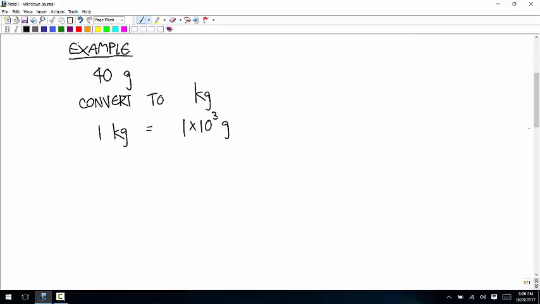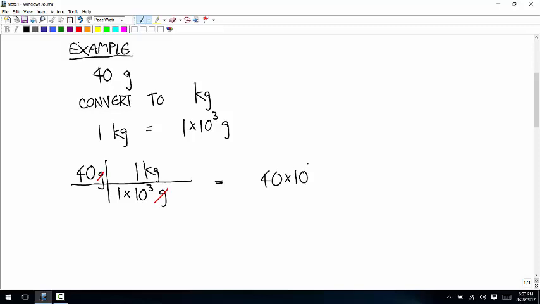So if we're starting with 40 grams, for the unit conversion, we want the ratio with grams in the denominator to cancel this one. So we have 1 times 10 to the 3rd grams there, 1 kilogram there. The grams cancel. And you get 40 times 10 to the minus third kilograms.